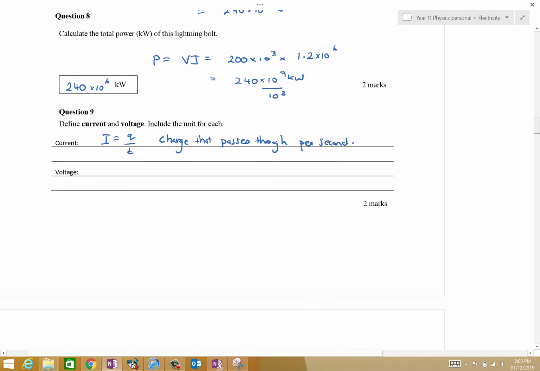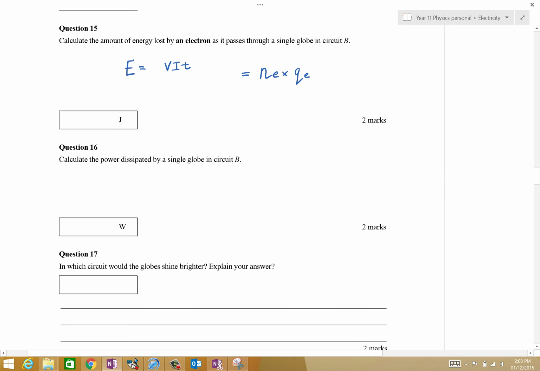So that seems to be missing. What will that give you though? Number of electrons times the charge of an electron. Isn't that the charge in coulombs? Amount of energy lost.